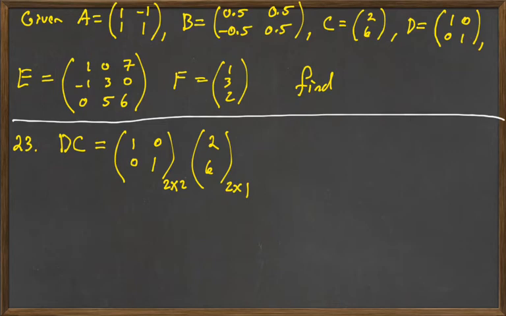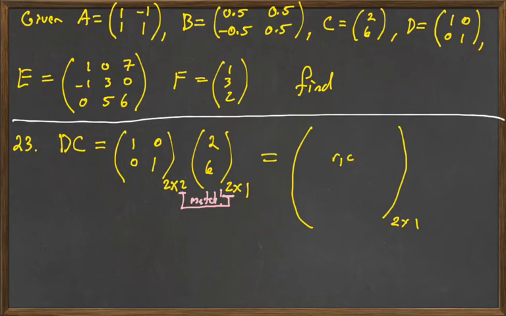The columns of D is 2, and the rows of C is 2. So we do have a match. So this is a valid multiplication, so we can go ahead and multiply those. The exterior is the rows of D is 2 and the columns of C is 1, so this is going to be a 2 by 1 matrix, with 2 rows, 1 column.